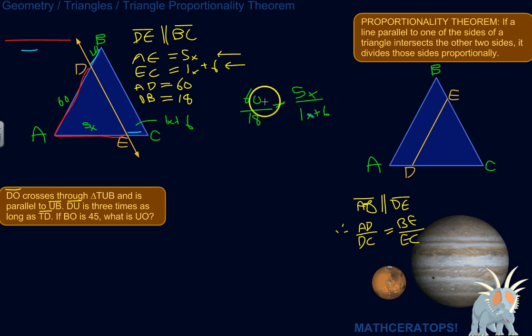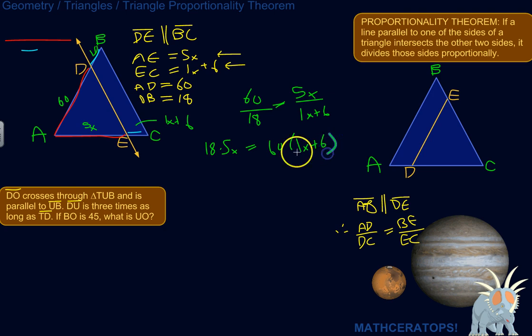So now we're living in algebra land. We can solve for x here. So this is a proportion, so we can cross multiply, let's say. So 18 times 5x is equal to 60 times 1x plus 6.